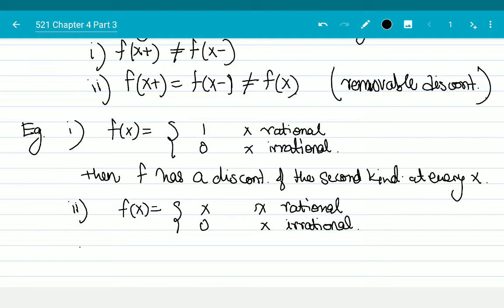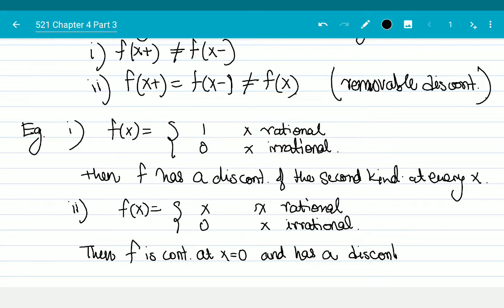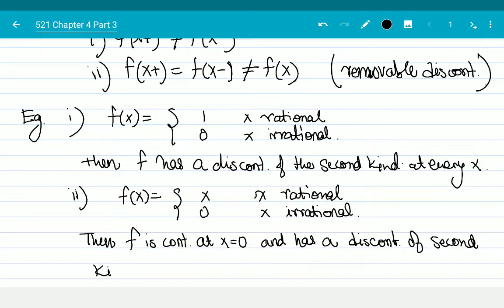However, in this case f is continuous at x equal to 0, and once again has a discontinuity of the second kind for every other x.